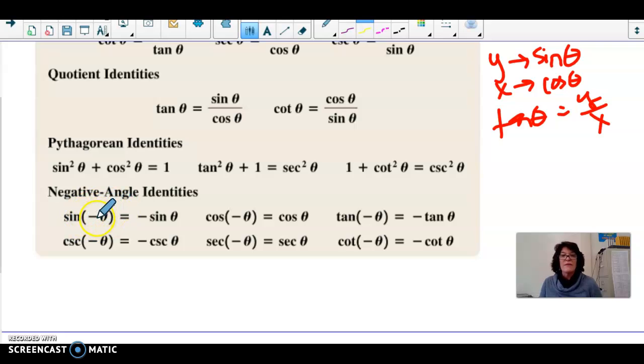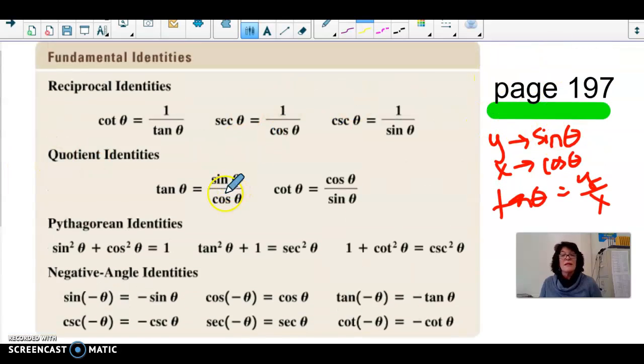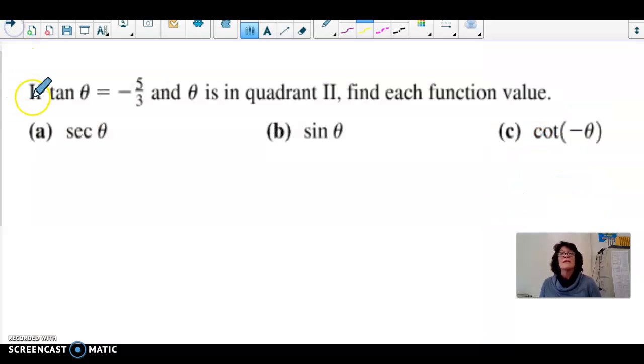So the sine of a negative angle is the opposite of the sine of the angle. Cosine is even, etc. Again, this is on page 197 in your book. But we're going to be using these identities to help us rewrite different identities in terms of each other.